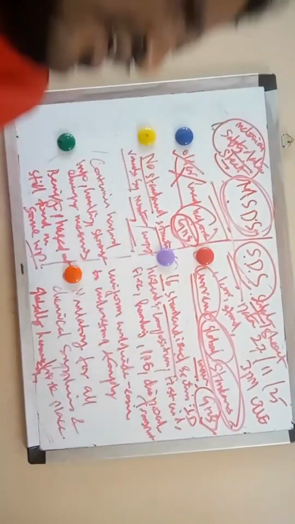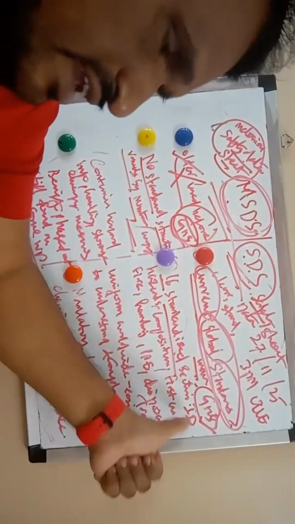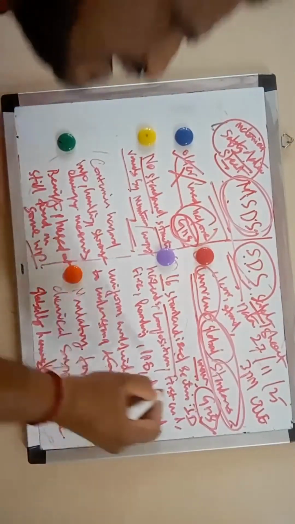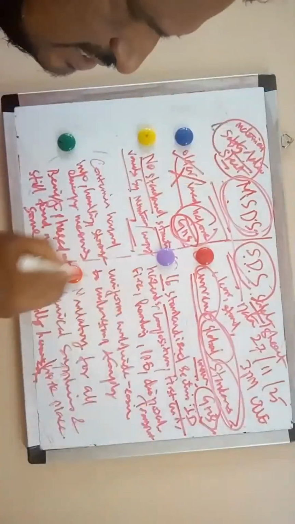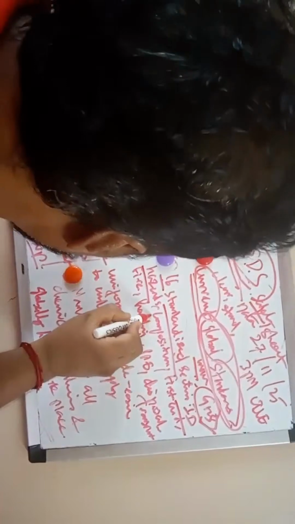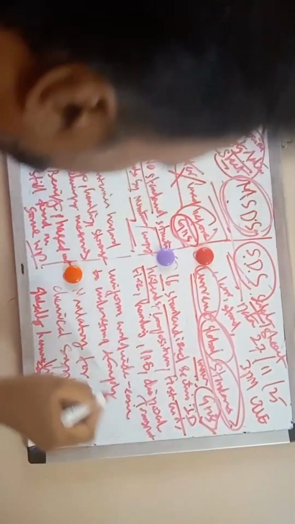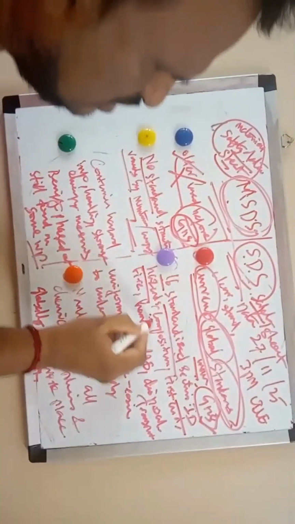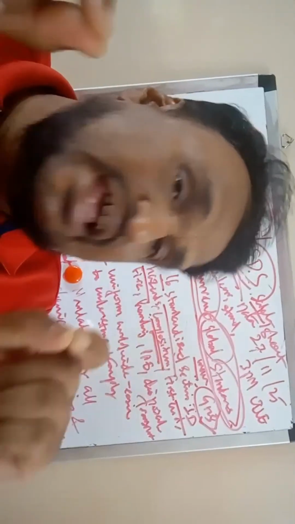There is an ID for each section. It explains the hazards and various other things. For example, the composition: what chemicals are there and what percentage of each.